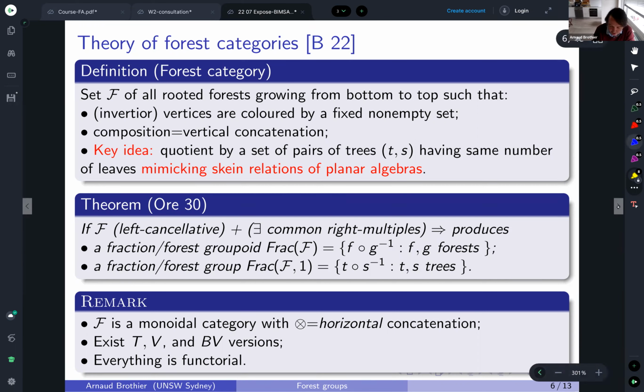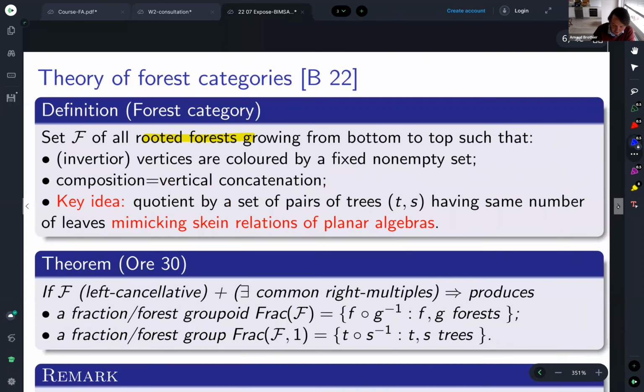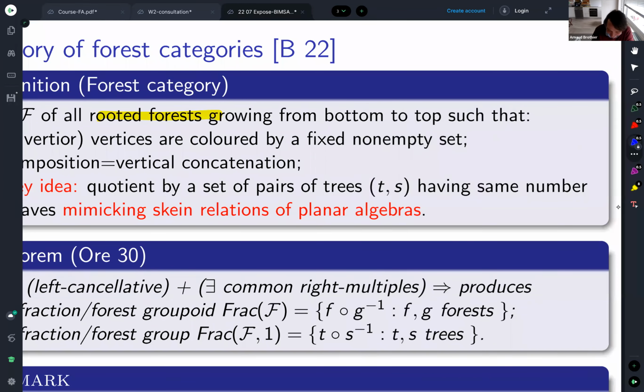So what you do is that I should probably draw here. That will be much easier. But anyway, I'm looking at rooted forest. Okay, going from bottom to top. So what does that even mean? Okay, so it means that they will look like that. Okay, so that's a forest.